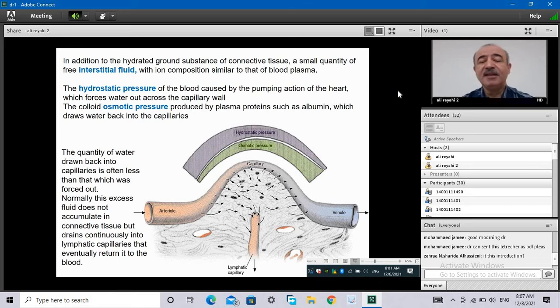So the water of the plasma can pass through the wall of the capillary and can enter the tissue, okay. Within the tissue, this fluid is called interstitial fluid. Interstitial fluid, okay?